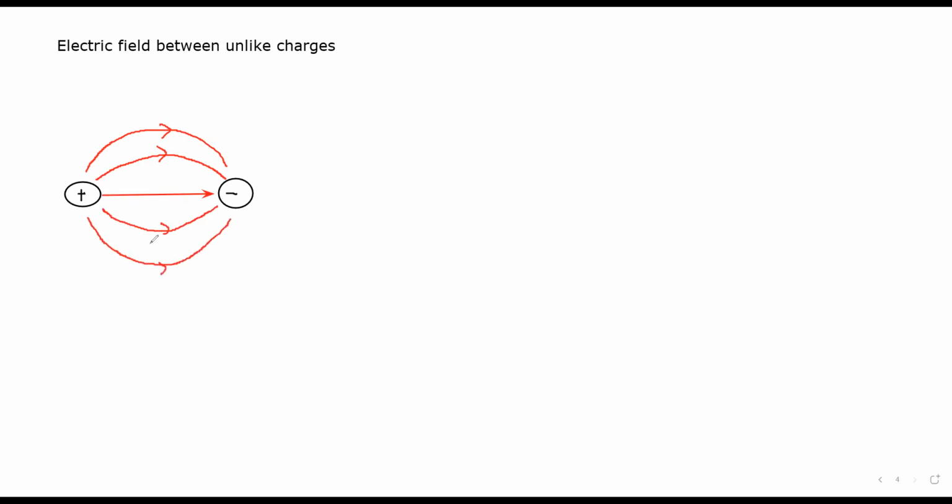You have to practice these patterns. For negative, it is pointing in, and for positive, it is pointing out.